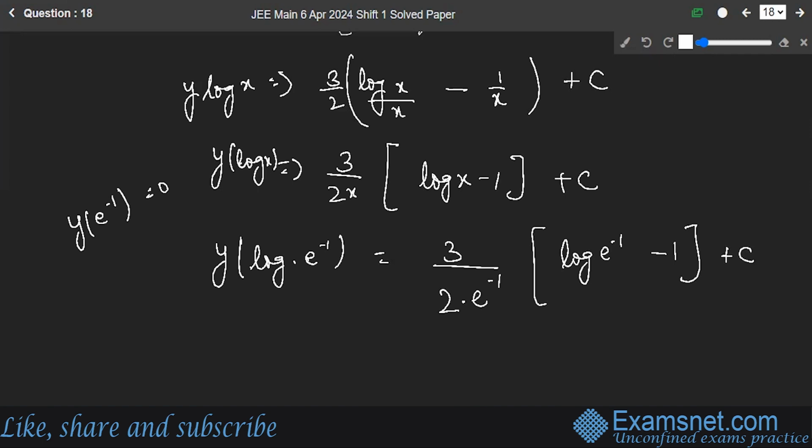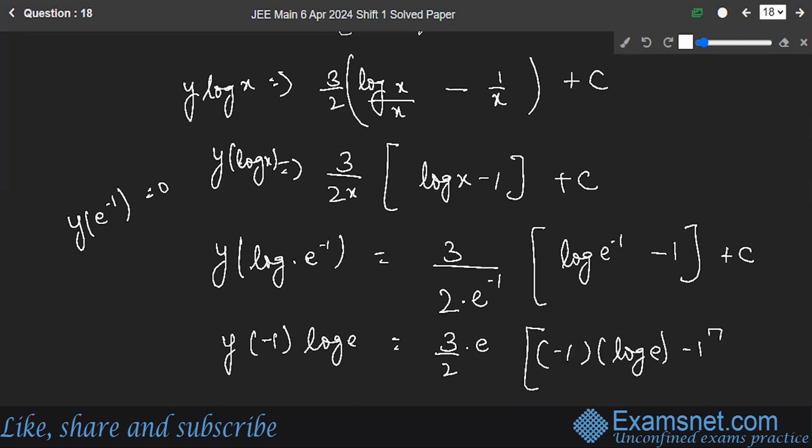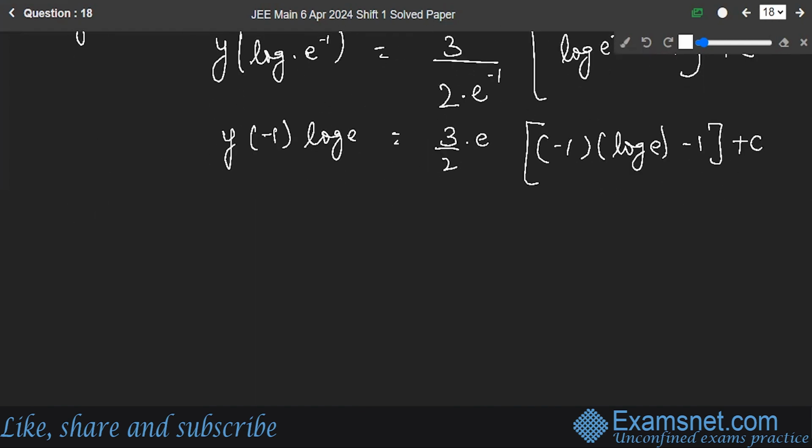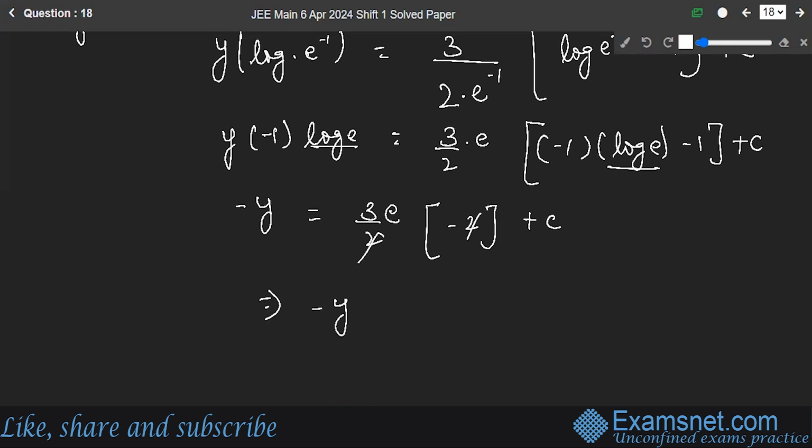Or this will give me y of minus 1 into log e is equal to 3 by 2 into e, and this is minus 1 into log e minus 1 plus the constant c. And the log of e, this is because this was a natural log, so natural log of e is 1. This gives me minus y is equal to 3 by 2 e, and here will be minus 1, which is equal to minus 2. And this and this will cancel, and you will have minus 1 is equal to minus 3e plus c, or c will be equal to 3e plus y.